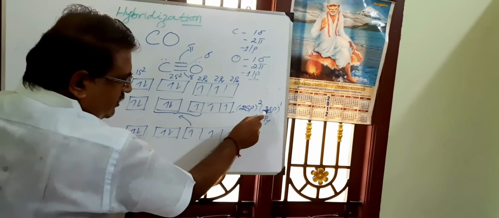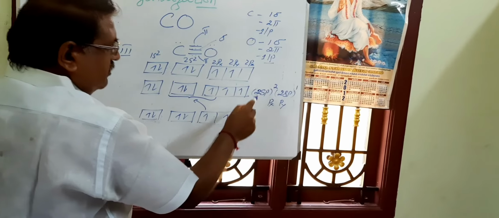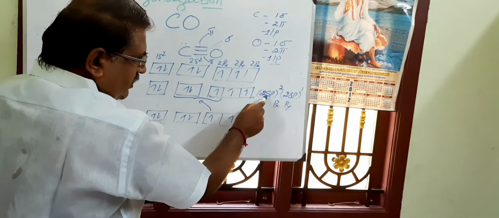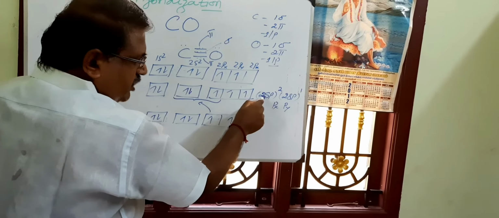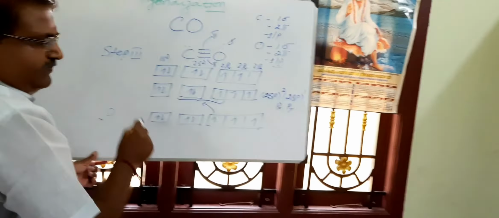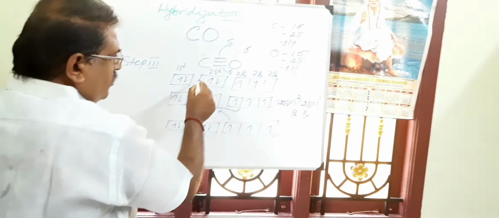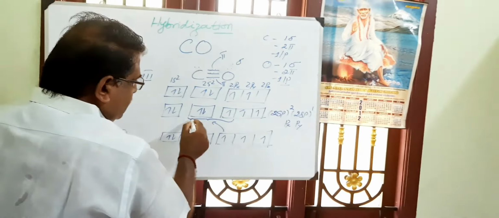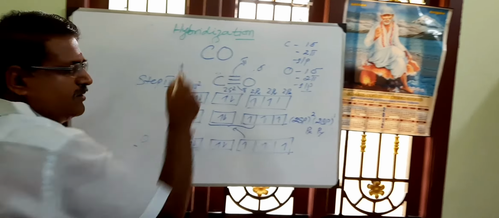These two orbitals, px and py, will make pi bonds. And this fully filled hybridized orbital will give you a lone pair. So the carbon in carbon monoxide is in the sp hybridization state. Similarly, you can apply this knowledge to find out the hybridization state of oxygen in carbon monoxide.